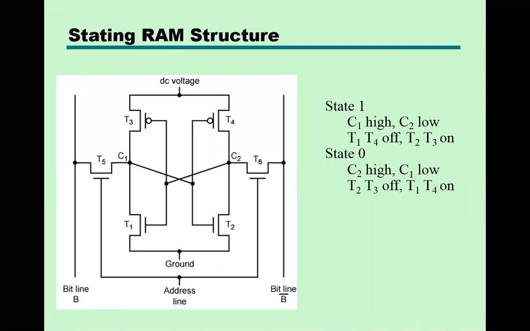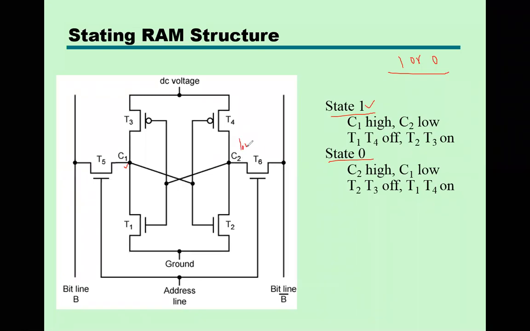Now, in dynamic RAM we have seen there are two states, one for 1 and another for 0. So how do we actually recognize whether the bit is 1 or 0? Here are state 1 and state 0. For state 1, C1 is high and C2 is low.